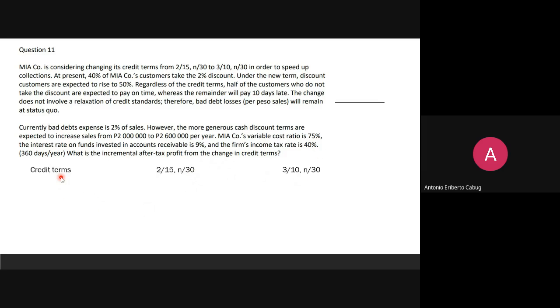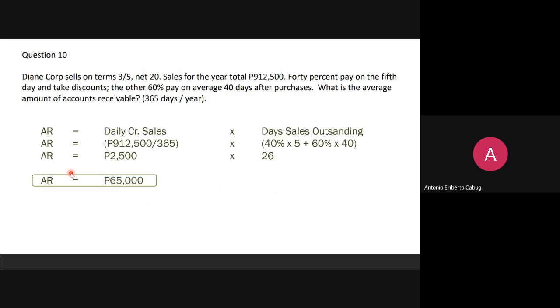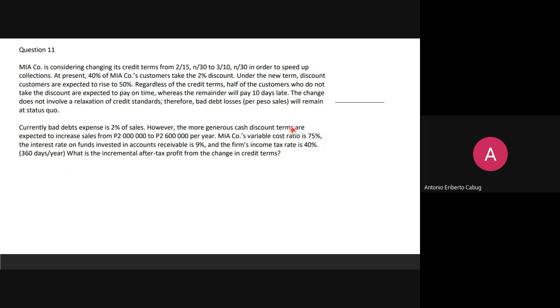So originally, the credit terms were 2/15, n/30, magiging 3/10, n/30. Ang una kong gustong malaman, ano yung AR balance before and after? Paano makuha yung AR balance? Para makuha niyo yung AR balance, daily credit sales times DSO. Ano yung daily credit sales?